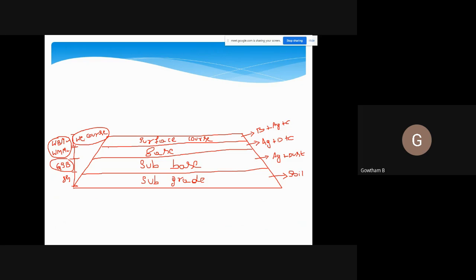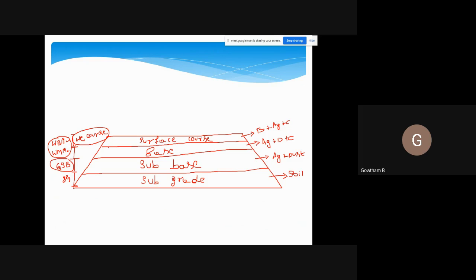To get durability we have to use suitable material with proper specification. Therefore at the end we are giving the specification. If your value is within that specification only, then only we use that material in the construction, or we follow that procedure. Therefore, as a base layer, we are going to study the step-by-step procedure of construction involved in wet mix macadam and waterbound macadam. That's what we are going to study in this module.